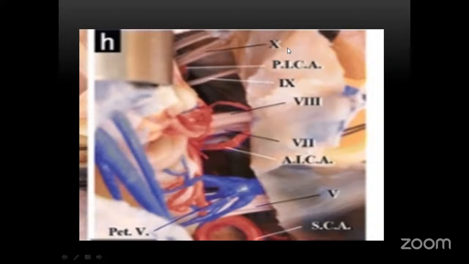So we have to concentrate on that area. Because if the petrous part anatomy is not clear, then any approach will not be clear. Either it is the anterior petrosal, the perisigmoid, or the posterior petrosal, it's all about the petrous part of the temporal bone.